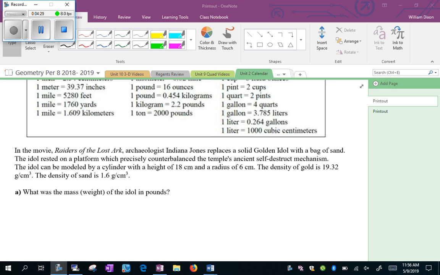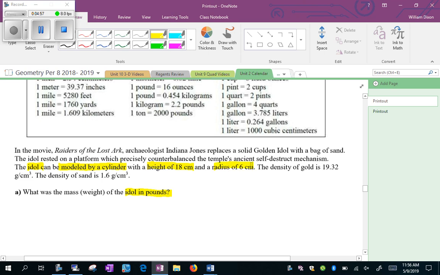Well, there are a couple things I'm going to highlight that I think are going to be important in solving our problems. So the first one is that the idol is in pounds. Let me get my highlighter. It's in pounds. Okay, let's see, what else can I highlight? The idol can be modeled by a cylinder. I think that's important. The height of the cylinder is 18 centimeters, and the radius is 6 centimeters.